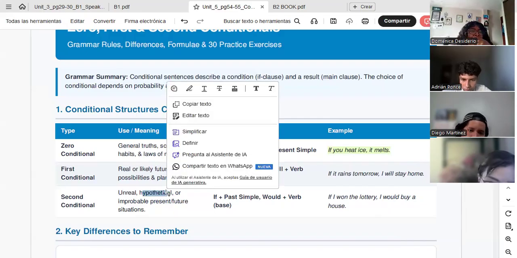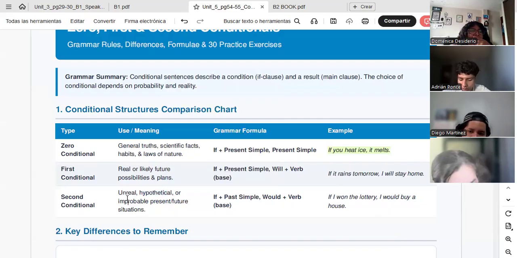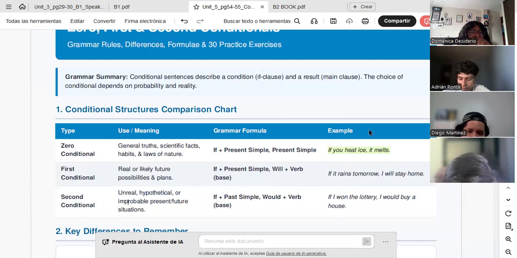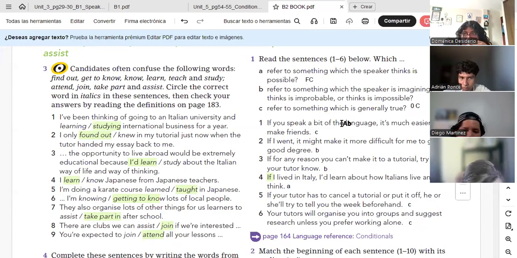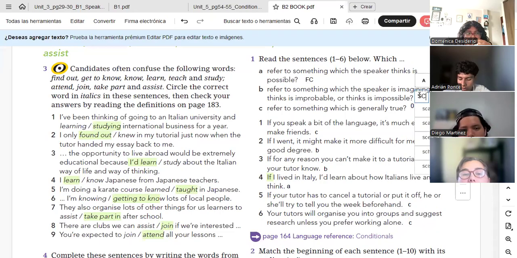Una situación hipotética. So now, let's match this definition with the definition in the book. Which one is second conditional? So, second conditional, of course, is the missing one. Letter B. Refer to something the speaker is imagining, hypothetical, think is improbable or think is impossible.